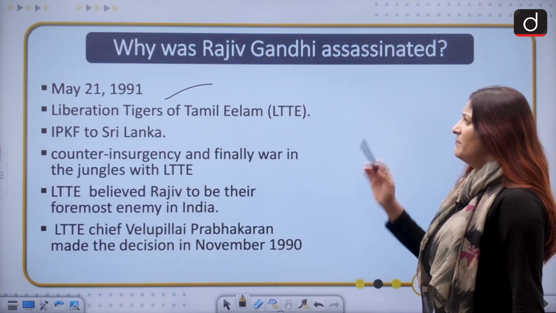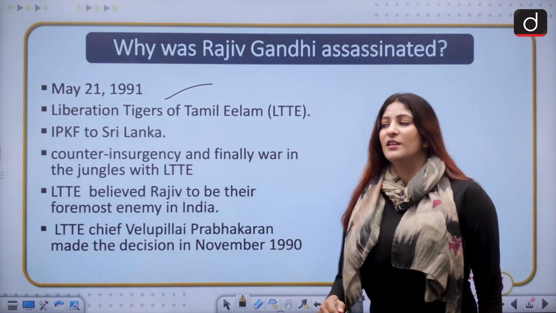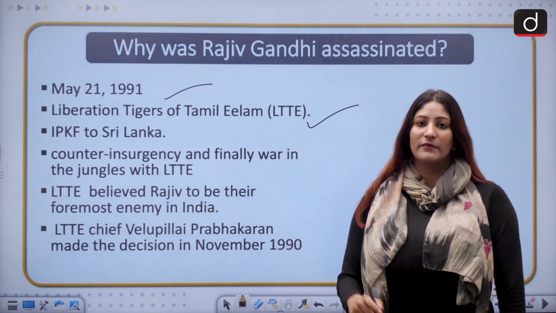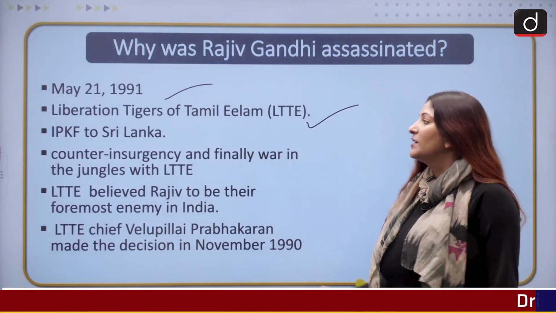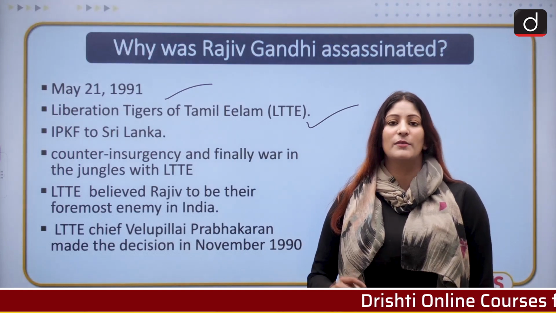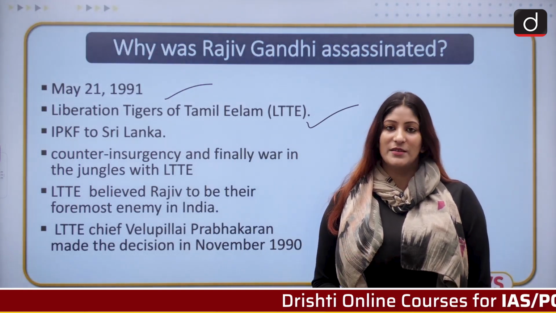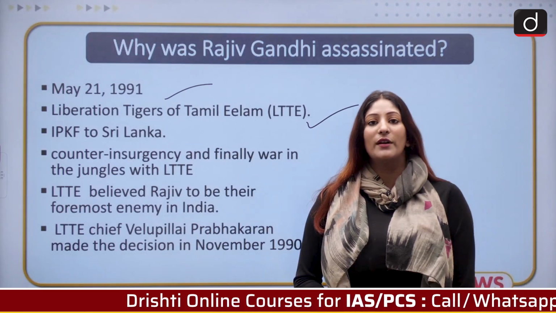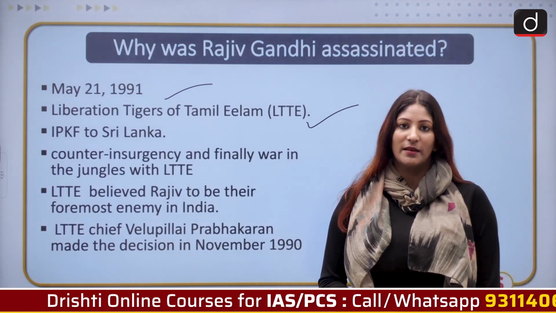Now, May 21, 1991: LTTE, Liberation Tigers of Tamil Eelam, is the responsible body for it. This is a body of southern extremists. They belong to South India. They were extremist in nature, waging war against the Sri Lankan government.